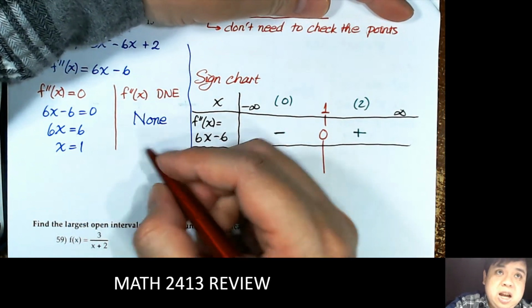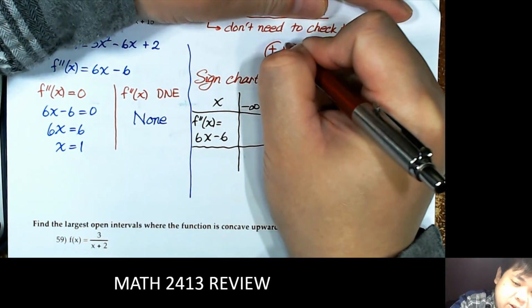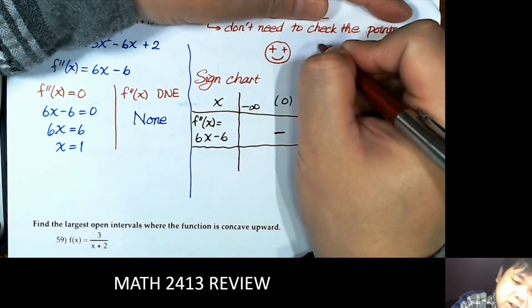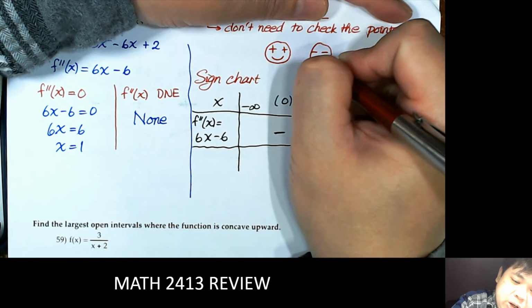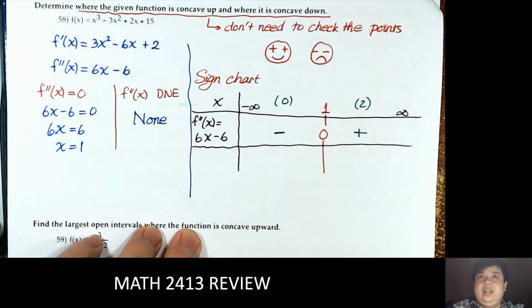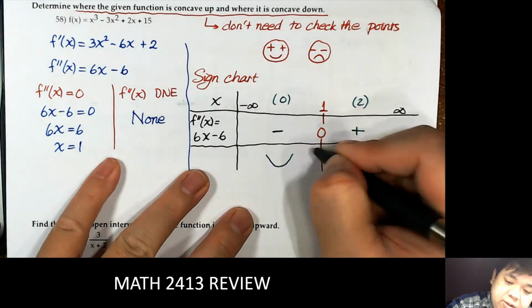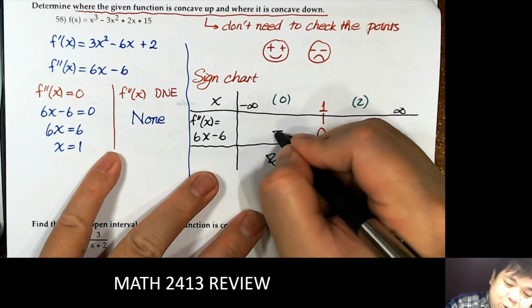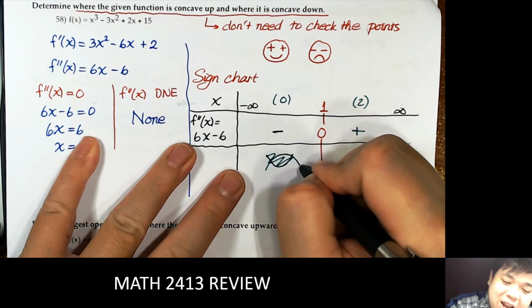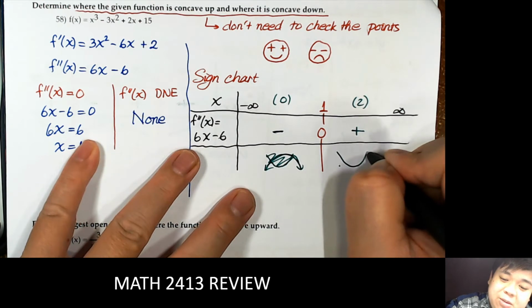Remember, this is the second derivative. For second derivative, if it is positive, it is concave up. If it's negative, it is concave down. So negative is concave down, and positive is concave up.